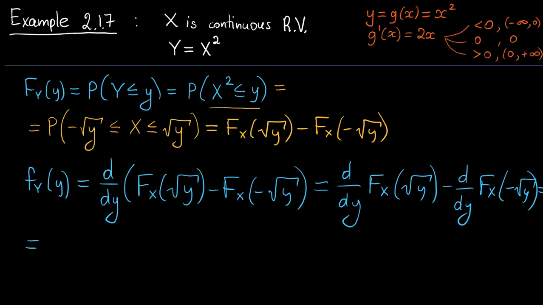Now the derivative of the CDF of x evaluated somewhere is the PDF of x evaluated in the same place times the derivative of the argument. And the argument is y to the power 1/2. So we get 1/2 times y to the power minus 1/2, minus, and it is completely analogous with the second term.